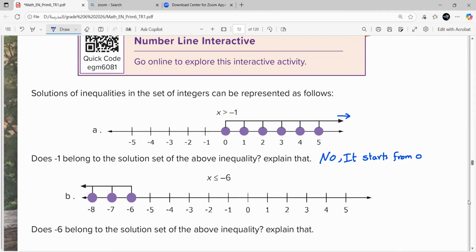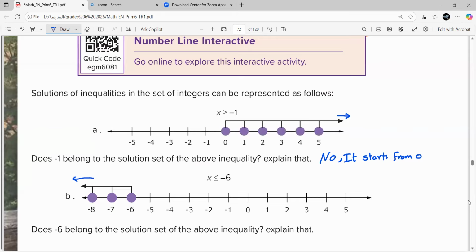So the solution set is -6, -7, -8, and so on. It is moving to the left side. The arrowhead extends to the left side without end, with no limit. Why to the left side? Because x is smaller than or equal to -6. So we have all the numbers starting from -6.